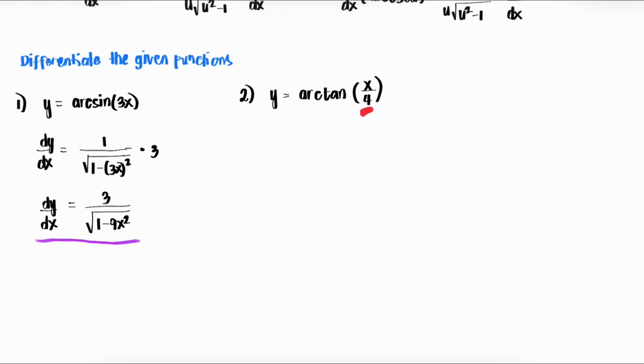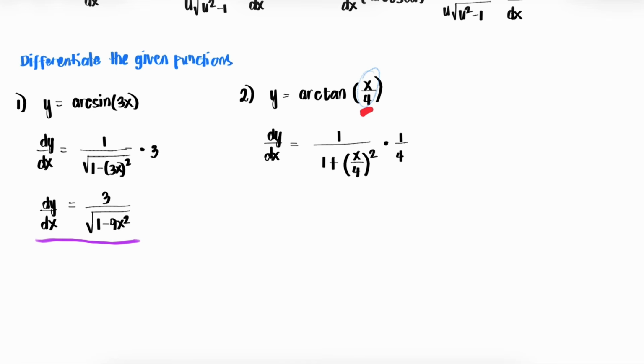Applying the formula, the derivative dy dx, or you can always use y prime, is equal to 1 over 1 plus u raised to the power of 2, so x over 4 raised to the power of 2, and multiply it to the derivative of x over 4. And the derivative of x over 4 is 1/4.